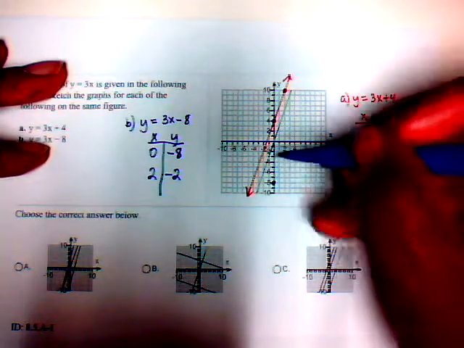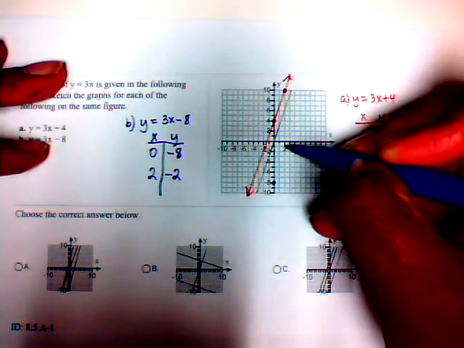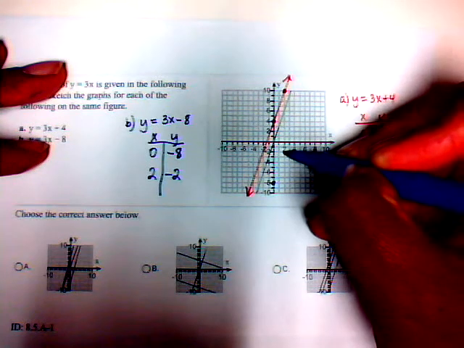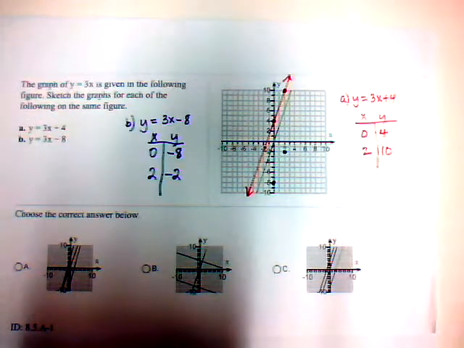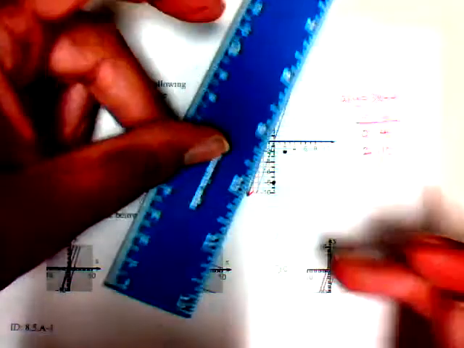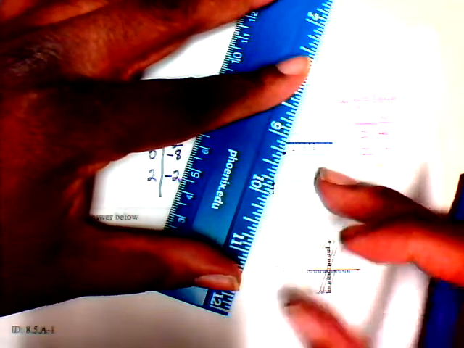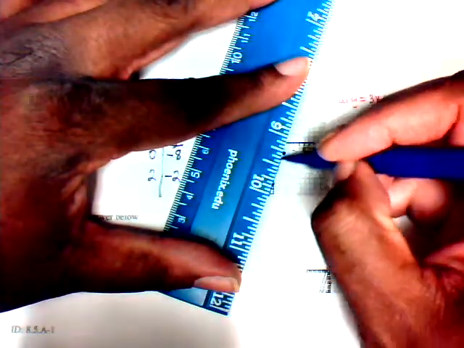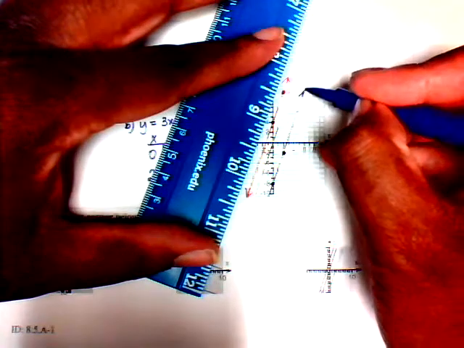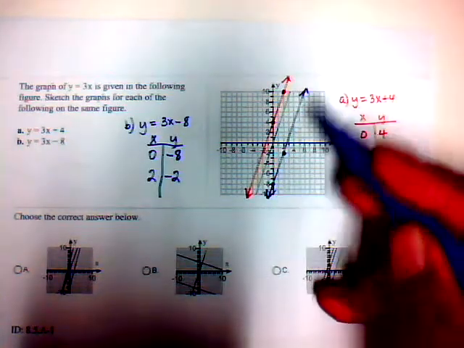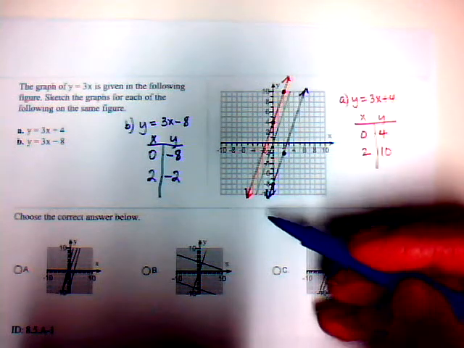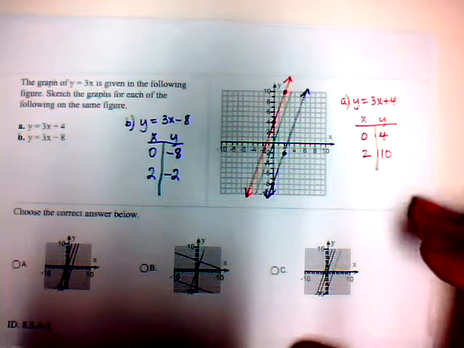And then 2, negative 2 will be to the right 2 and down 2. That's going to be here. I connect those 2 points. And this line in purple is the graph of the linear equation y is equal to 3x minus 8.